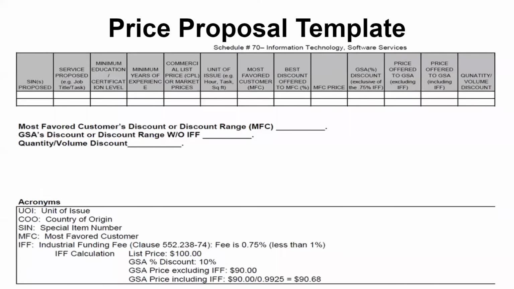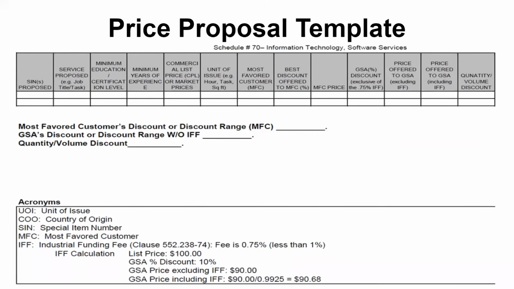So if you have an item that's $75, we allow you with that IFF to charge $100 to your customers. What that looks like is once you receive the payment of the $100, you keep $75, the price you charge, and then you would mail the $25 into GSA for your IFF.